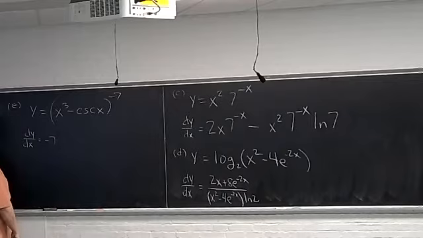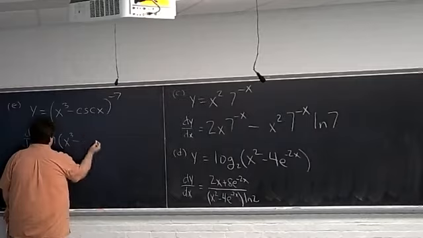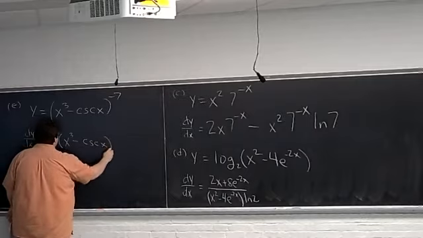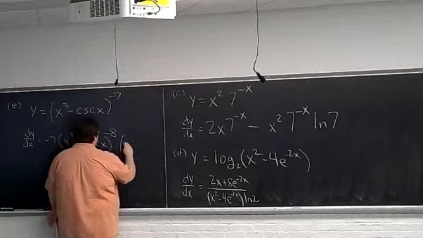The derivative of something to the negative 7th is negative 7 of them to the negative 8th. Then apply the chain rule.